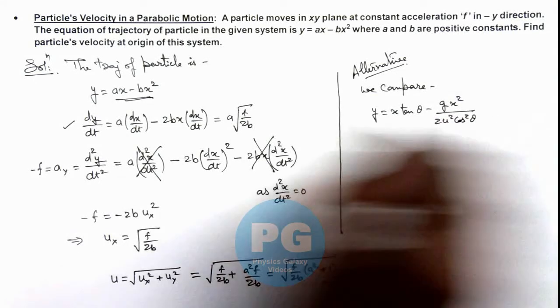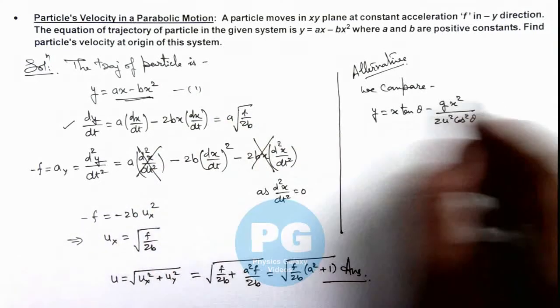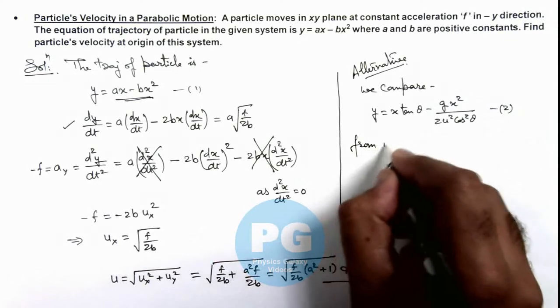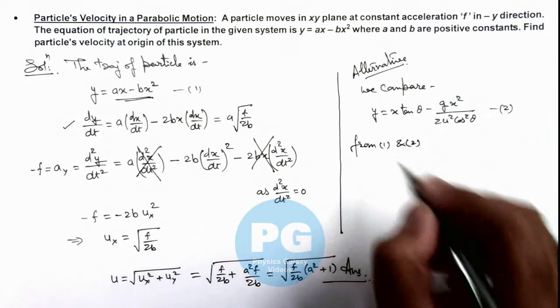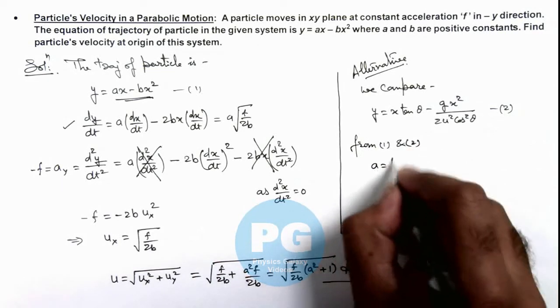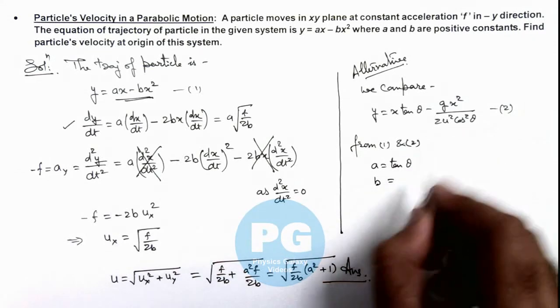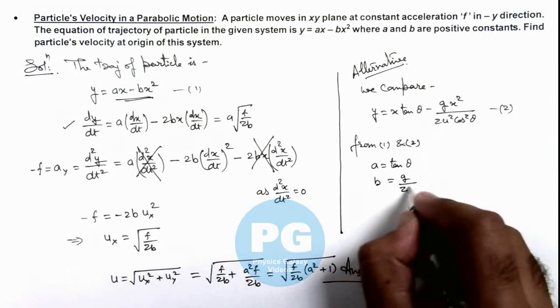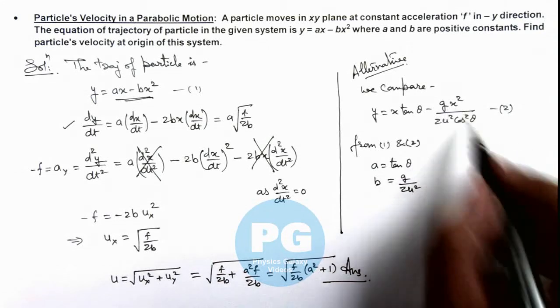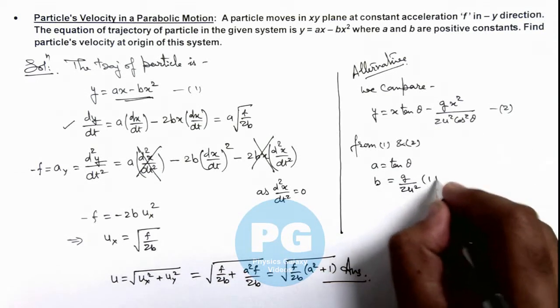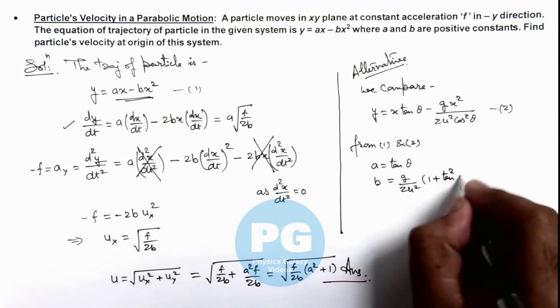Then on comparing these two equations, if this is 1 and this is 2, from 1 and 2, we are getting the value of a equal to tanθ and the value of b equal to g/(2u²), and here 1/cos²θ I can write as sec²θ, which is 1 + tan²θ.